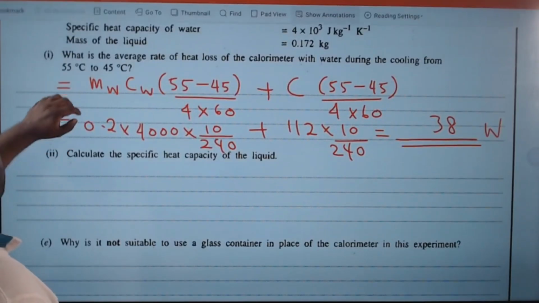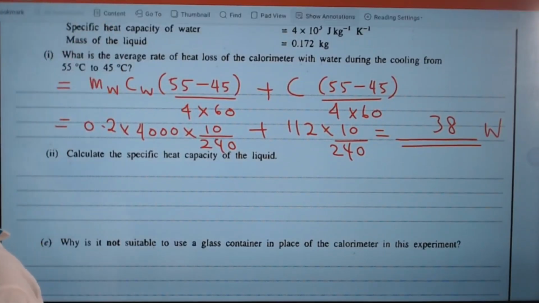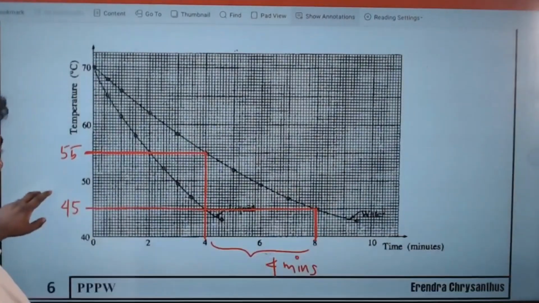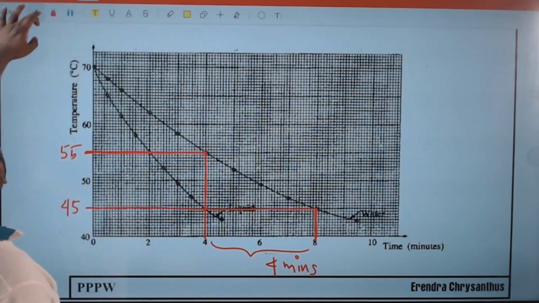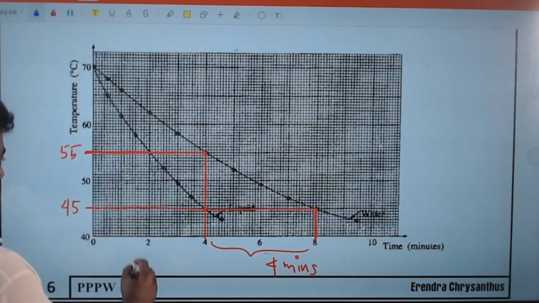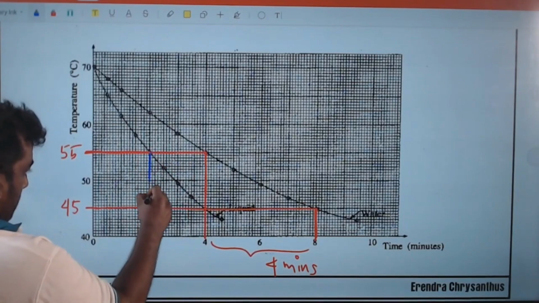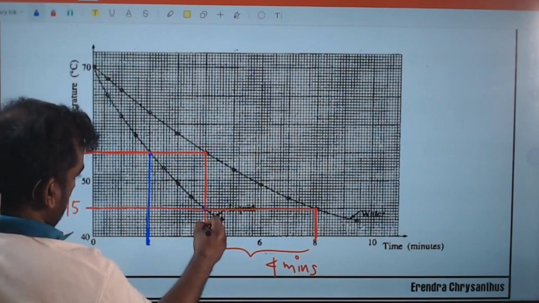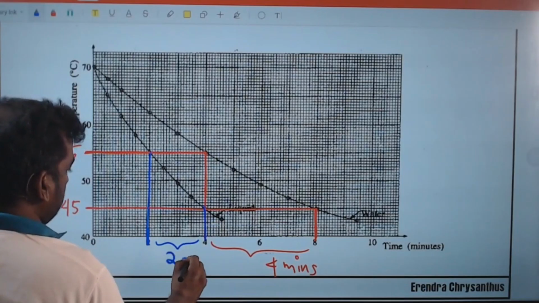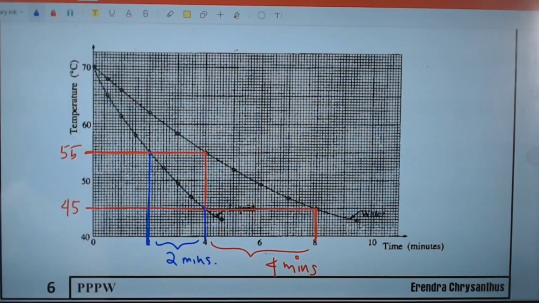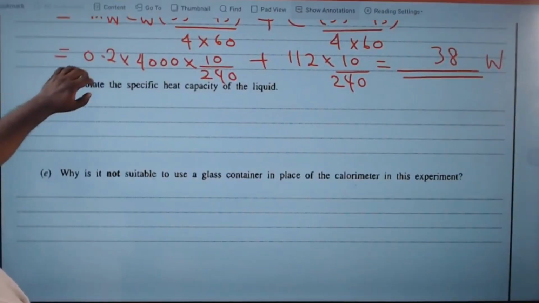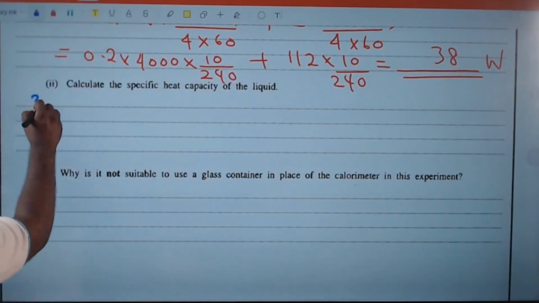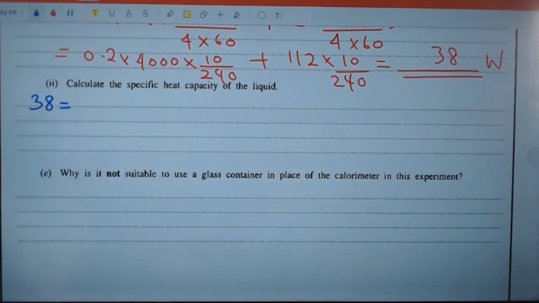Calculate the specific heat capacity of the liquid. Now remember, for the liquid, 2 to 4, 2 minutes. So if I write the equation, the rate of heat loss is the same.